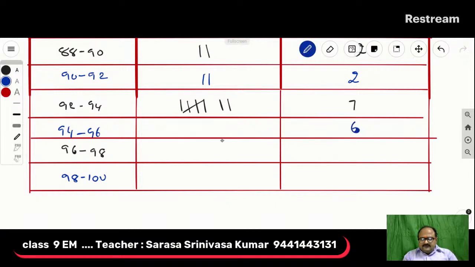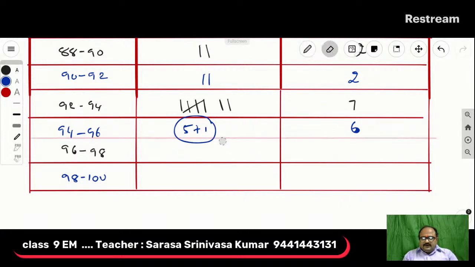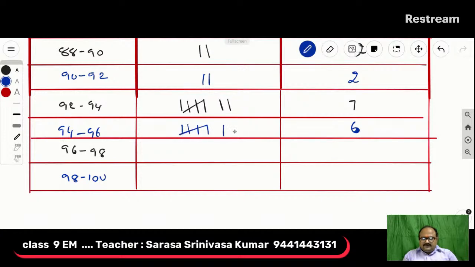So the frequency is 6. We write it as 5 plus 1. 6 is written as 5 plus 1. While writing the tally marks, we write them as 5 plus 1. 1, 2, 3, 4, 5. This is 6.